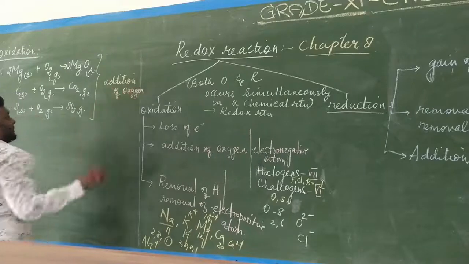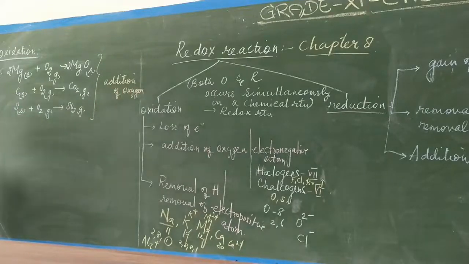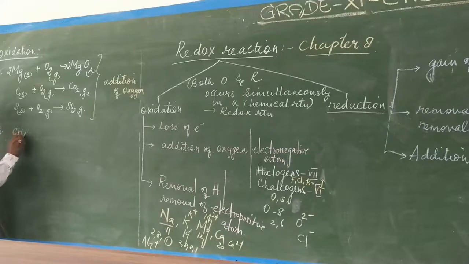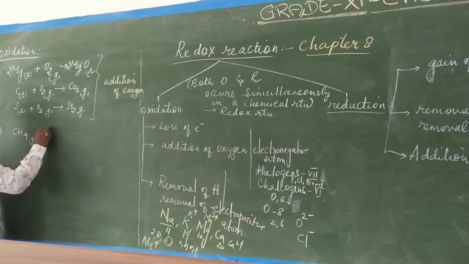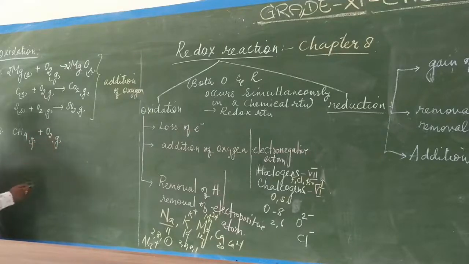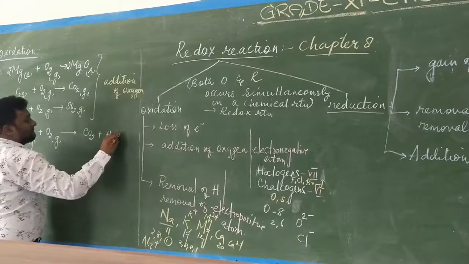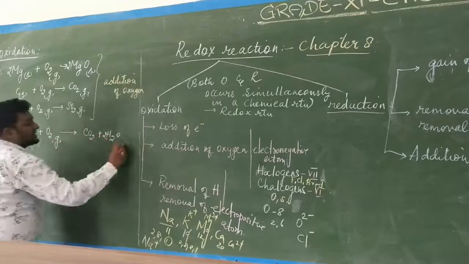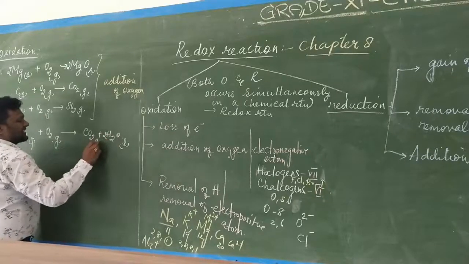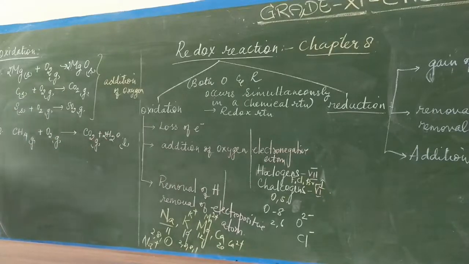I will give you the next set of examples. I am taking methane, that is CH4, which is a gas, with oxygen, which is also a gas. It gives rise to the formation of carbon dioxide plus water. This is a liquid and this is a gas. Now you see what is the condition here?